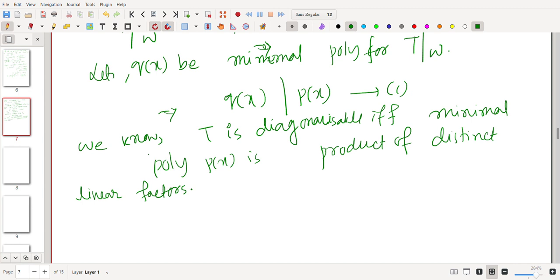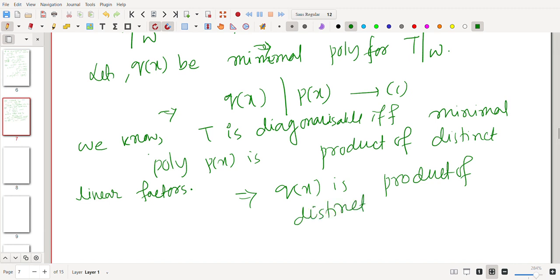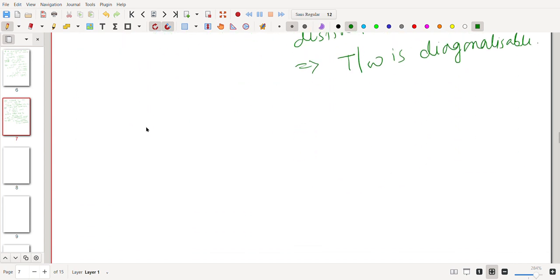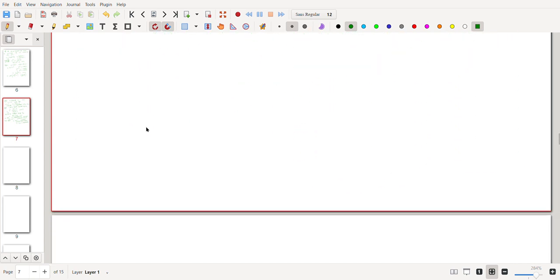So T is diagonalizable if and only if minimal polynomial Px is product of distinct linear factors, which will imply that Qx is product of distinct linear factors. Which will imply T restricted to W is diagonalizable. Right? Simple problem by just using the properties.